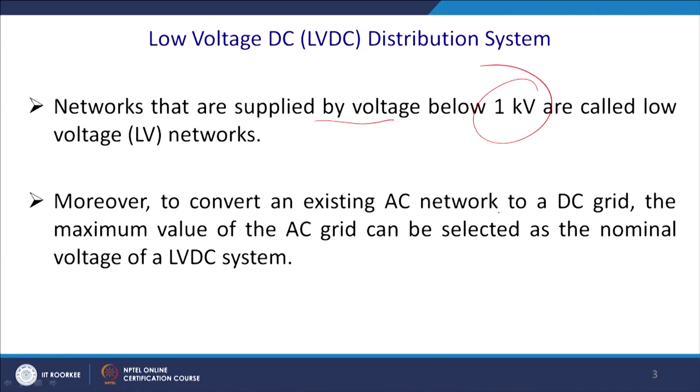Moreover, to convert the existing AC network to a DC grid, the maximum value of the AC grid can be selected as the nominal voltage of the HVDC system. That has got a huge advantage.